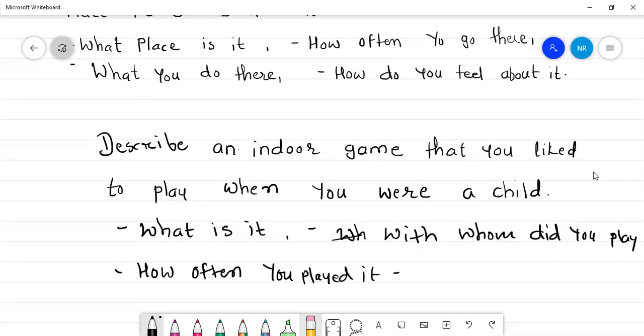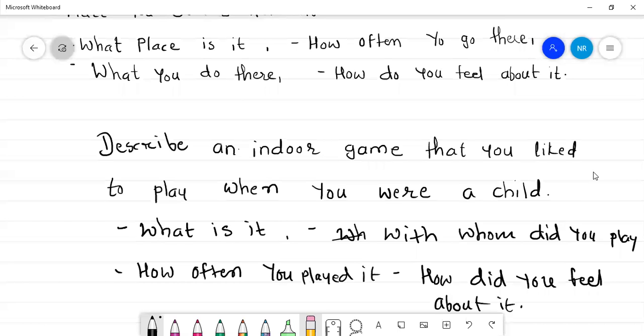And how did you feel about it? You can include all these points in your talk. You can say carom, chess, or badminton. All these are indoor games. Okay, just speak for 2 minutes.